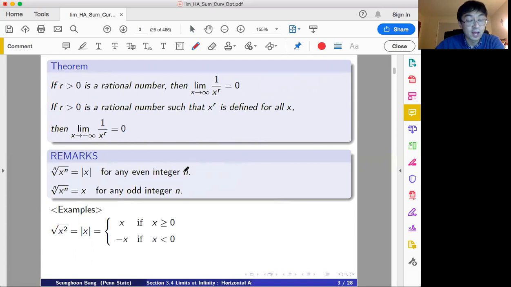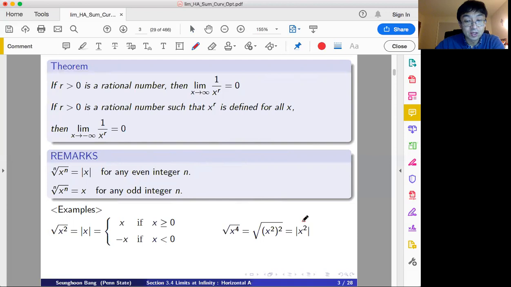So we have two possible answers. If x is greater than or equal to 0, x. If x is less than 0, minus x. The square root of x to the 4th, same. The index is 2, so because it is even we have absolute value.